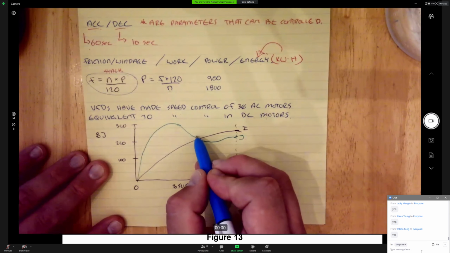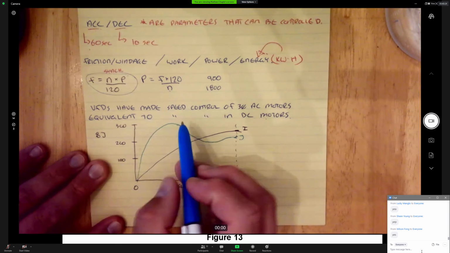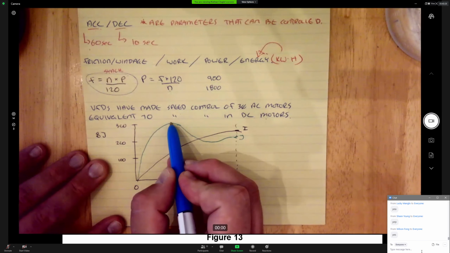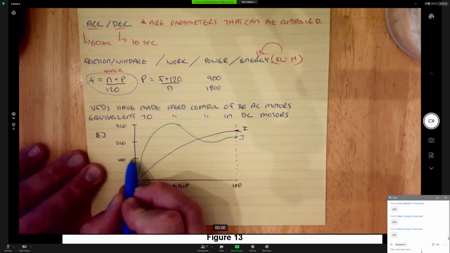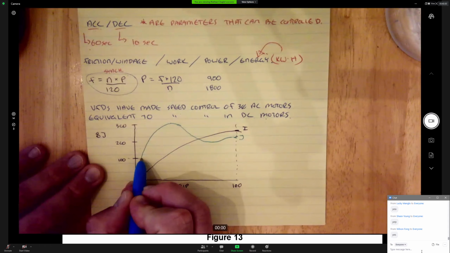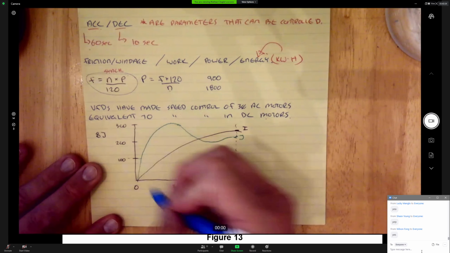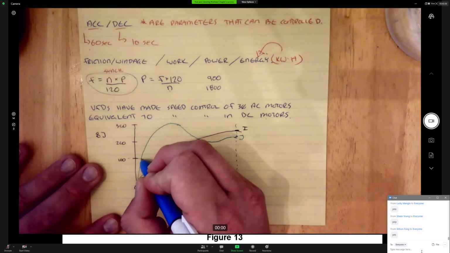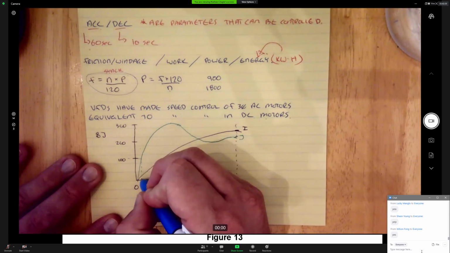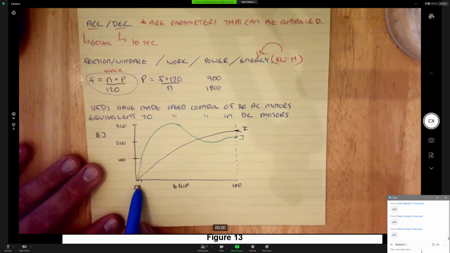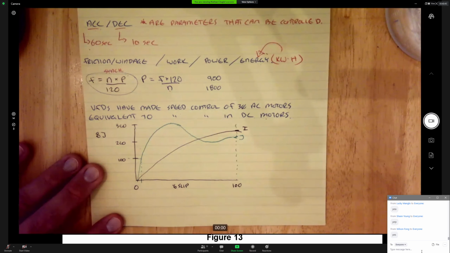This would be our pull-up torque. This is our breakdown torque. And then, just like in the other diagram, if we followed a line where 100% of our torque reaches this torque curve, that is going to give us the percent slip or the actual rotational speed of that motor.